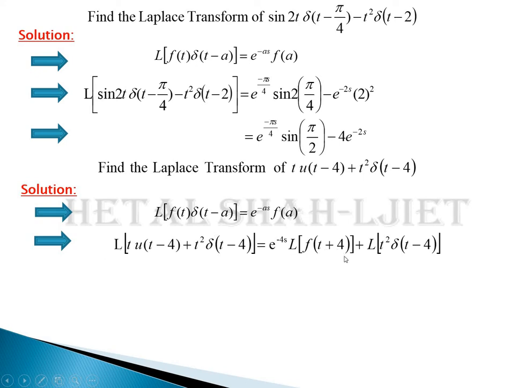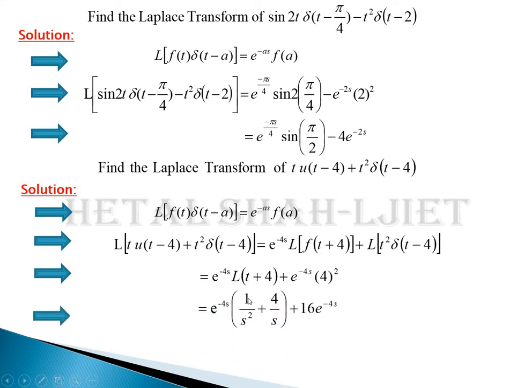And as the second term is the Dirac delta function, your function f(t) is t square, your a is again 4, so e raised to minus 4s, and Laplace of t square delta(t minus 4) is just 4 square as per the formula f(a). Your f(a) is t square, so just 4 square. And here the Laplace of t plus 4: Laplace of t is 1 by s square and Laplace of 4 is 4 by s, and by simplifying we get the final answer of the given problem.